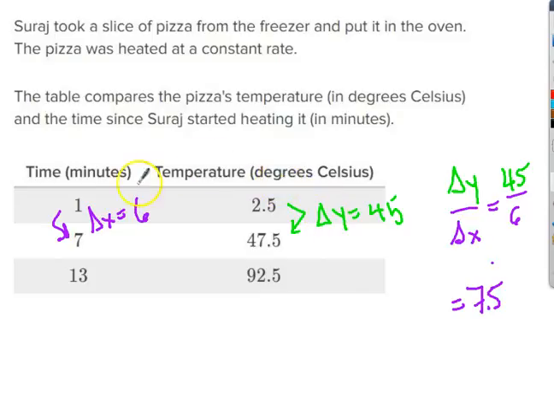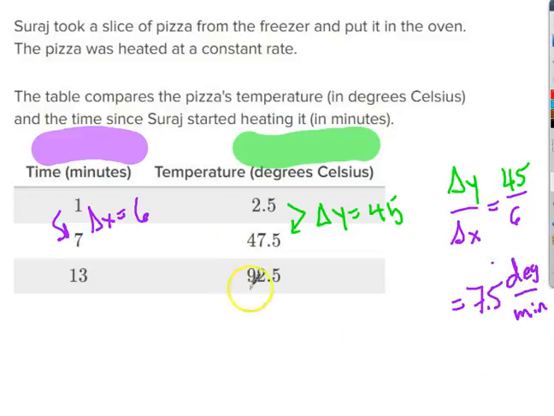We divided green by purple, right? So it's degrees. Let me highlight. Green divided by purple. So we've got degrees divided by minutes. So that's otherwise known as degrees per minute. So the speed at which this thing is heating up is 7.5 degrees per minute.